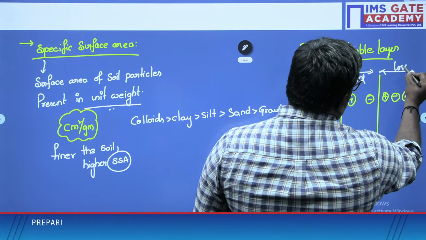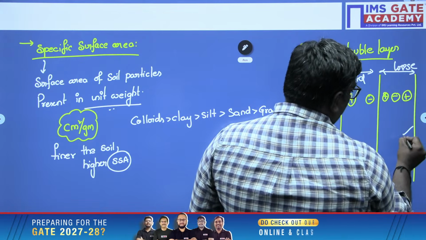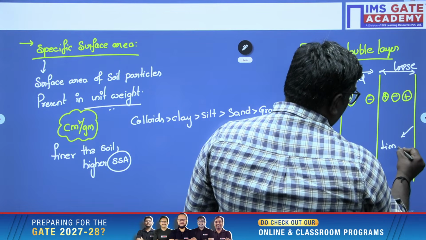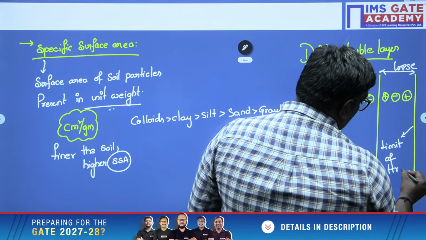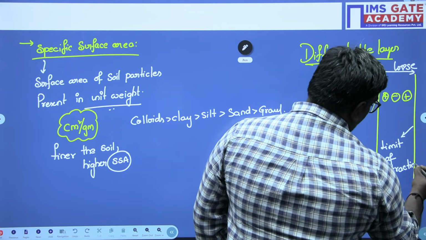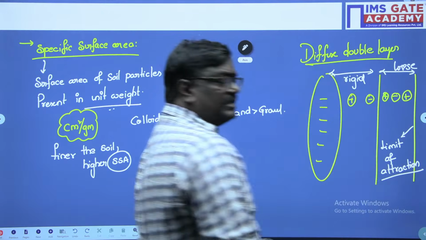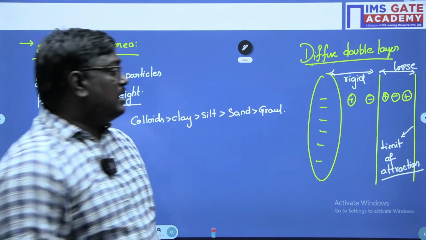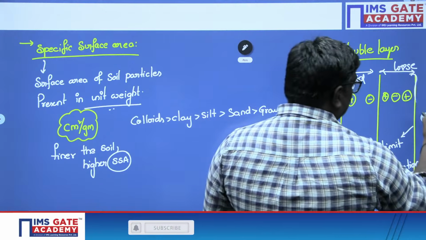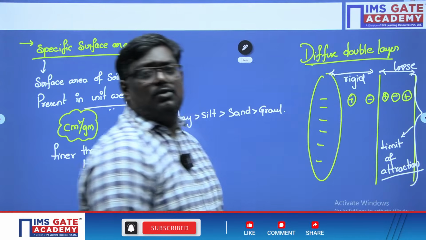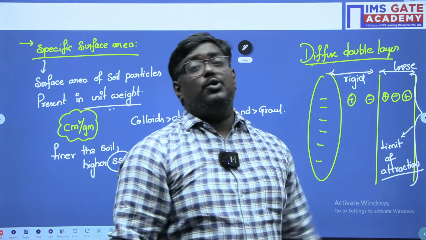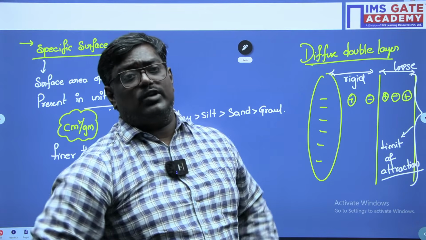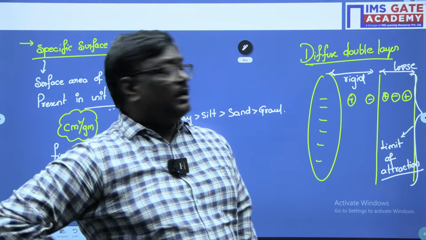So what do we call this? This we call the limit of attraction. So what is diffuse double layer, sir? The layer on the clay surface up to the limit of attraction due to electrical forces is known as diffuse double layer.